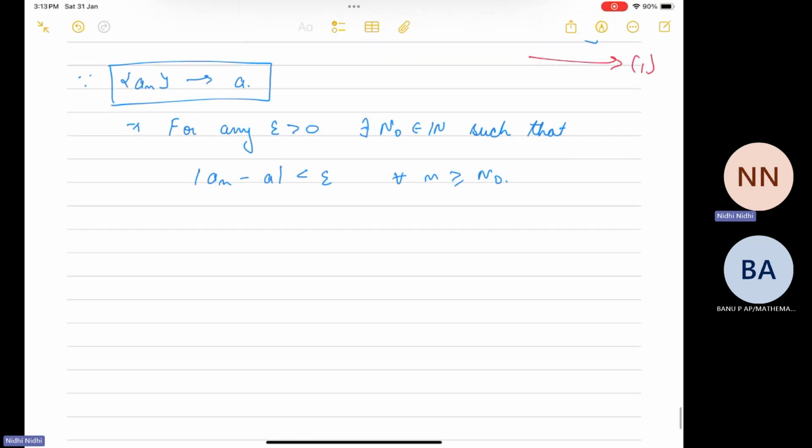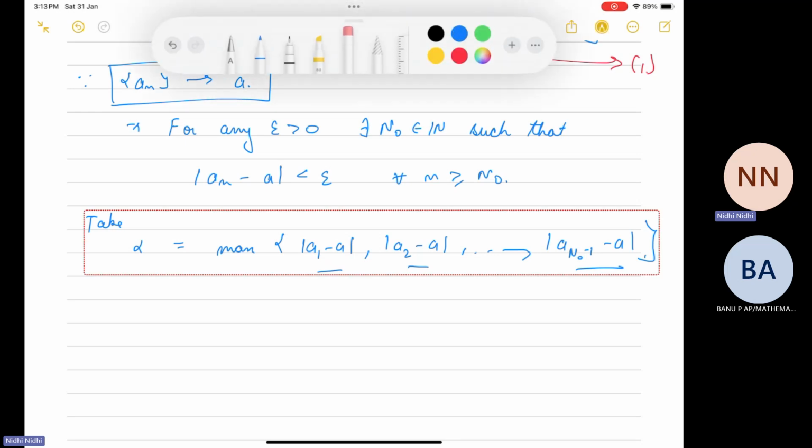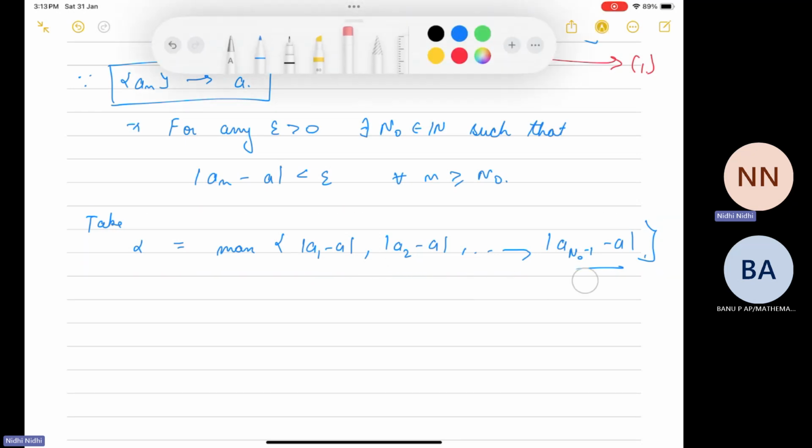Now if I take the constant alpha to be the maximum of mod a1 minus a, mod a2 minus a, and so on up to mod a of n naught minus 1 minus a. Since n naught is a fixed term, these are fixed n naught minus 1 terms. So obviously we can find the maximum of a finite number of terms. So this maximum is well defined.